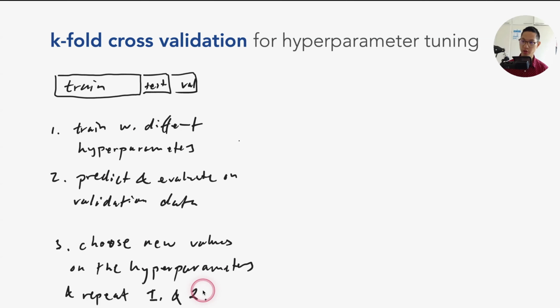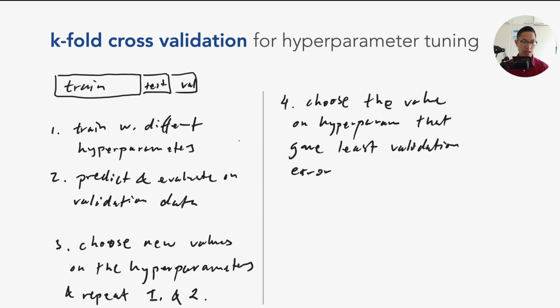You choose another value of the hyperparameter. For example, we started with alpha equals 0, and then we do alpha equals 0.1, and then we train with that hyperparameter and predict on that and evaluate on that. And then we choose the value of the hyperparameter that gave the least validation error. We keep track of the validation error and we choose the hyperparameter which gave us the smallest one.